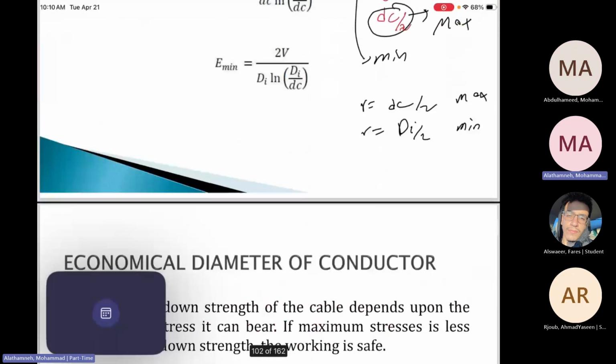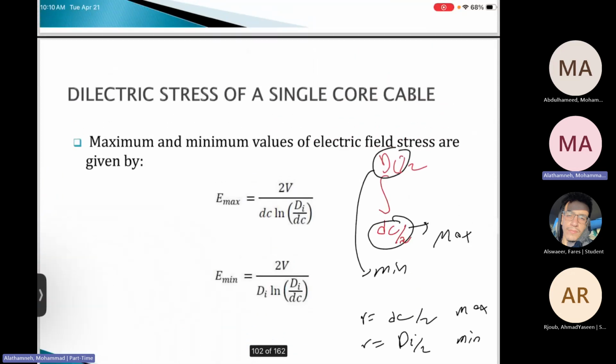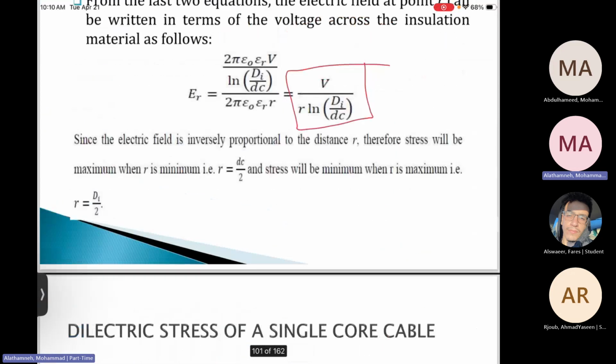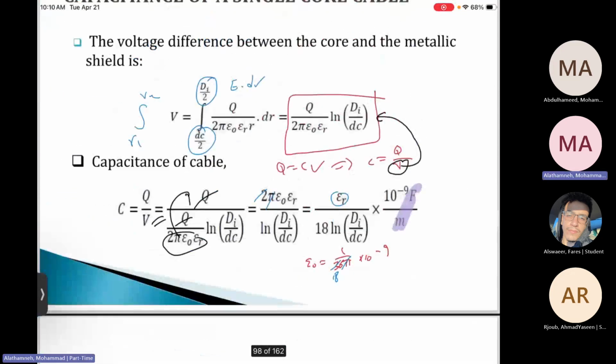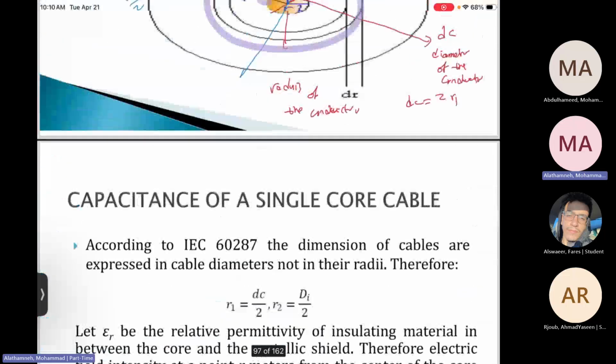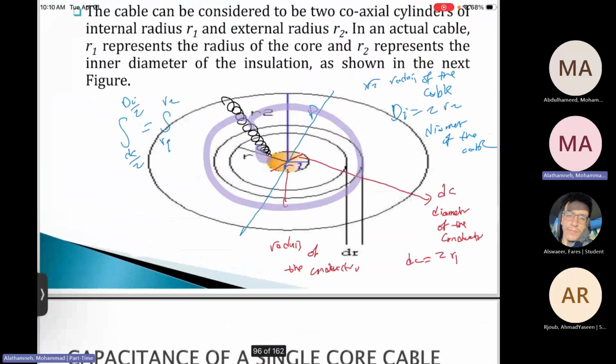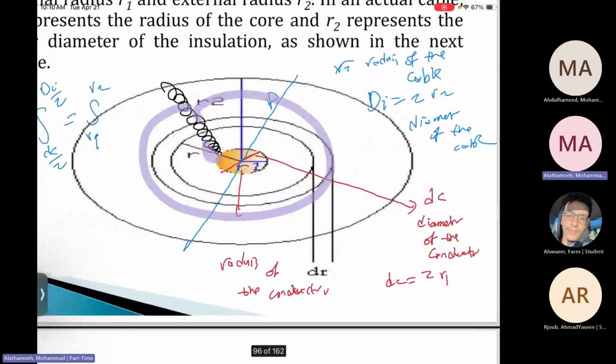All right, in the previous lecture, we mentioned the electric strength of the cable. So we mentioned that the cable has two diameters: the inner diameter and the outer diameter. DC is called the conductor diameter, and DI is basically the diameter for the whole cable.